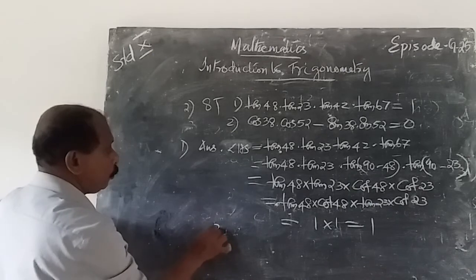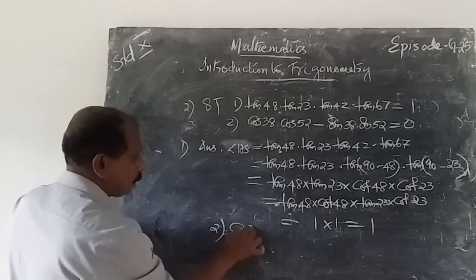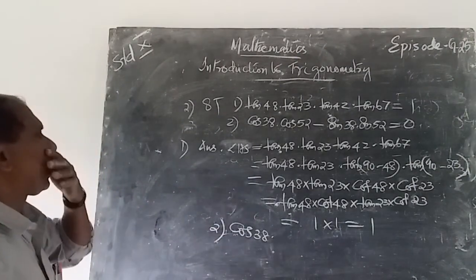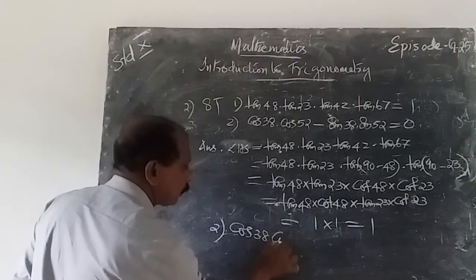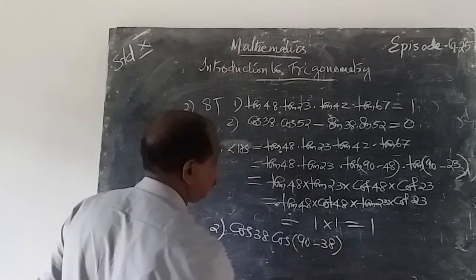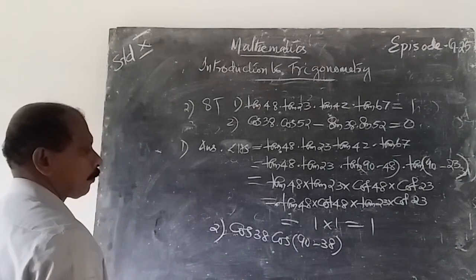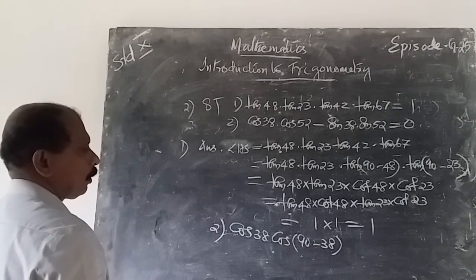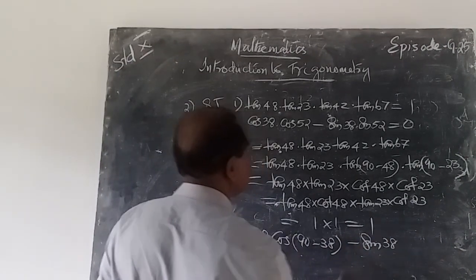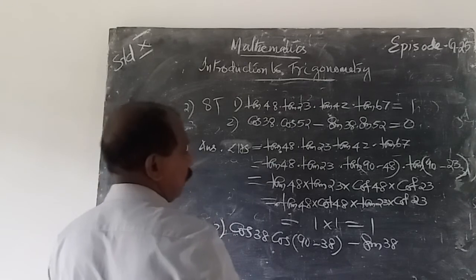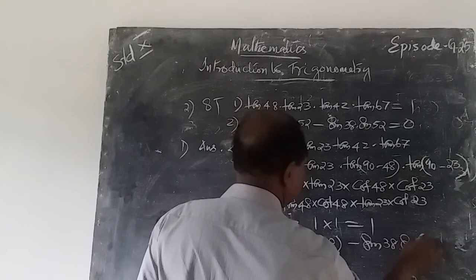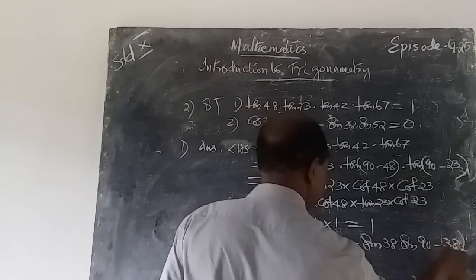Then question number 2: cos 38 into cos 52 is replaced by cos 38 into cos 90 minus 38, minus sin 38 into sin 52, where sin 52 is sin 90 minus 38.